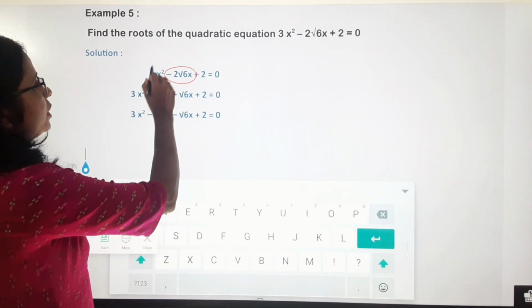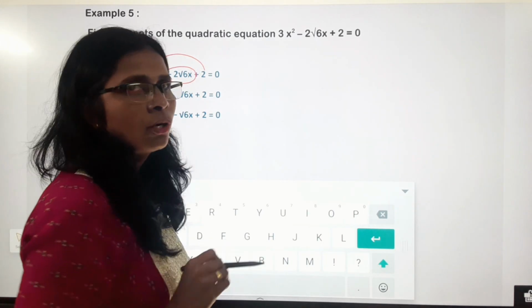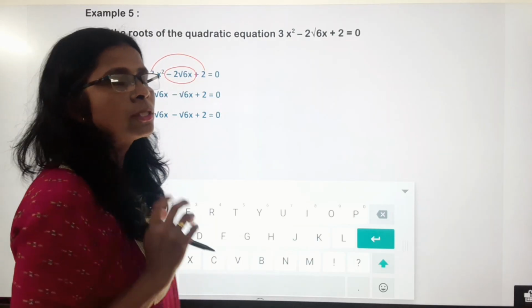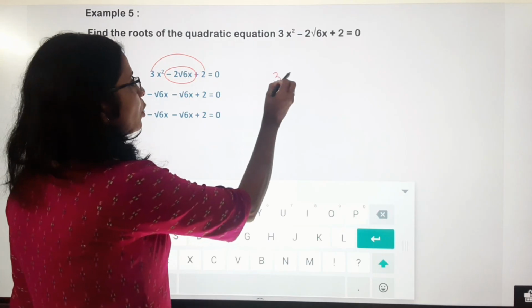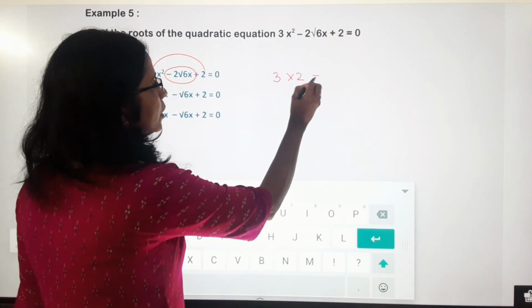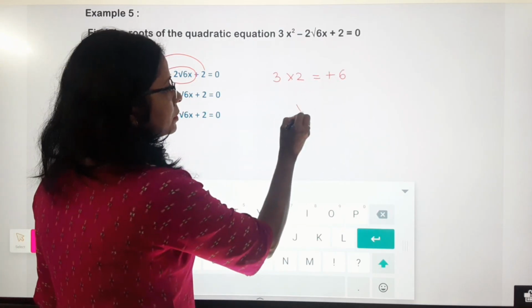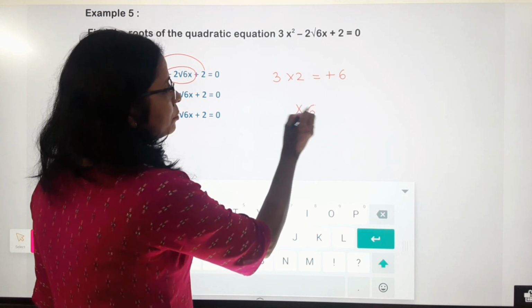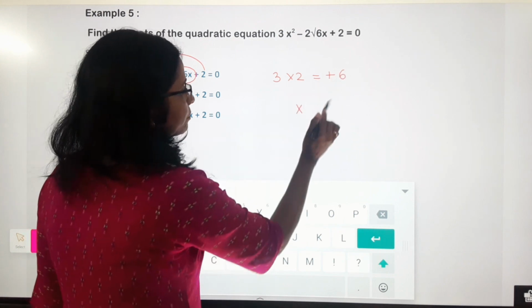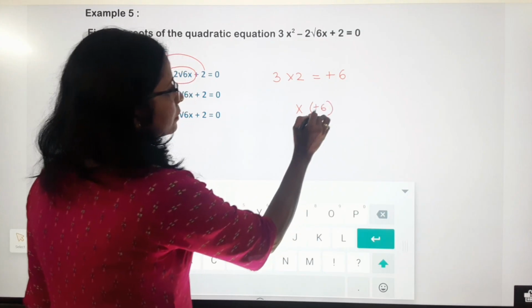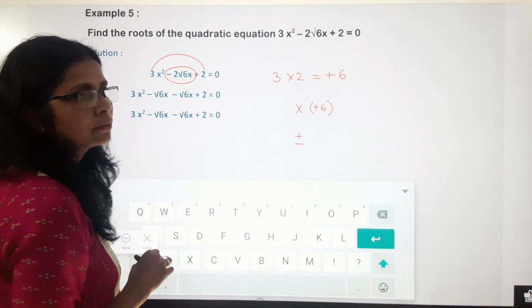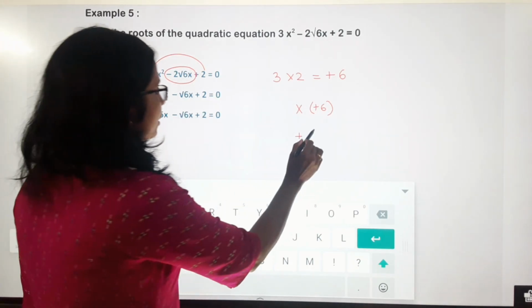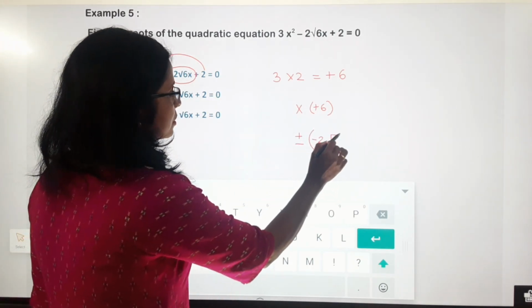So we want to search out two numbers having product positive 6, and their sum should be minus 2 root 6.